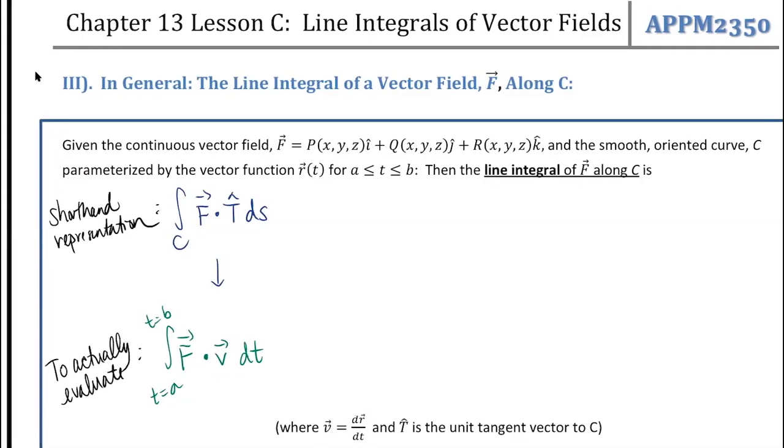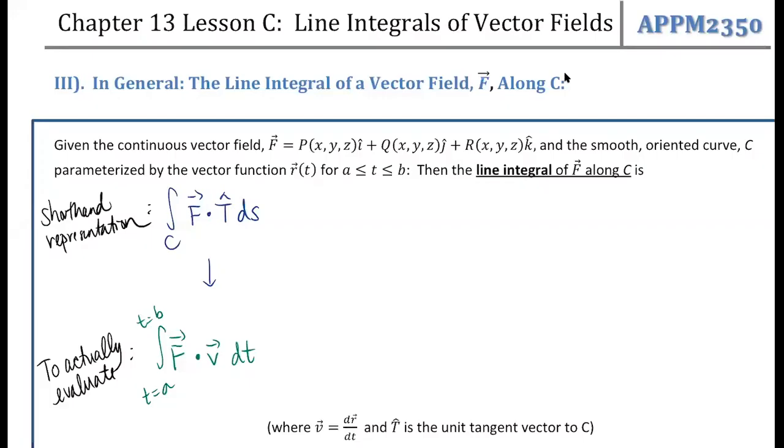Okay, now I'm going to show you two other ways we represent this. And again, these all mean the same thing. It's just shorthand. So notice down here, another way we can think of this is v is really dr/dt, right? So let's plug that in for v.